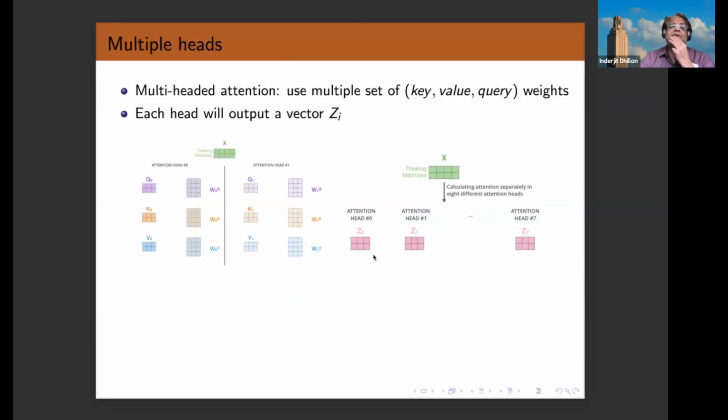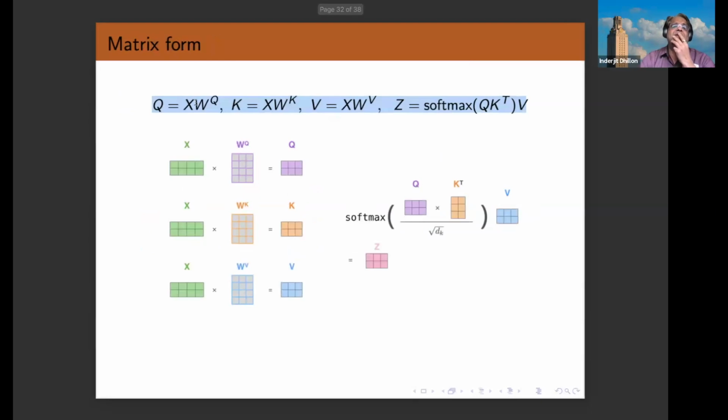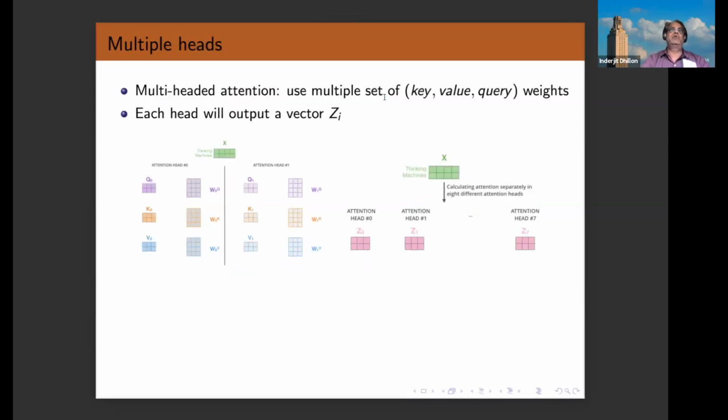So then instead of using just one single set of WQ, WK, WV matrices, you actually can use many of them. And this is what's called multi-headed attention. In attention head number 0, you do what I said, and you call those matrices Q0, K0, and V0. And then for attention head number 1, you call them Q1, K1, and V1.